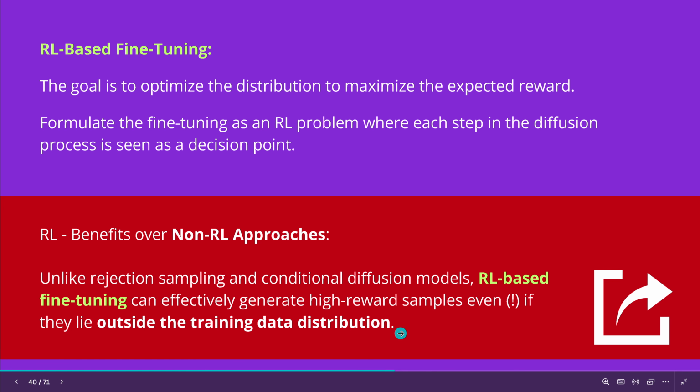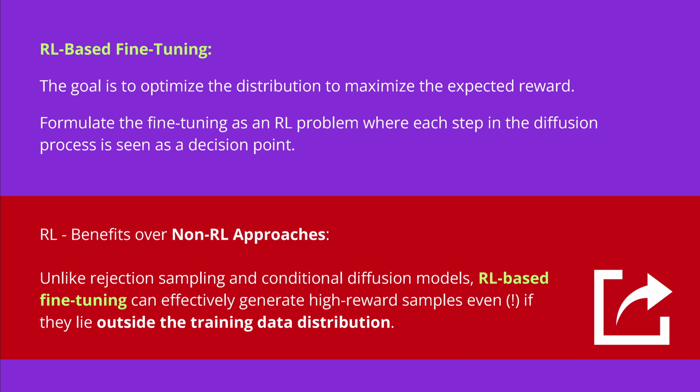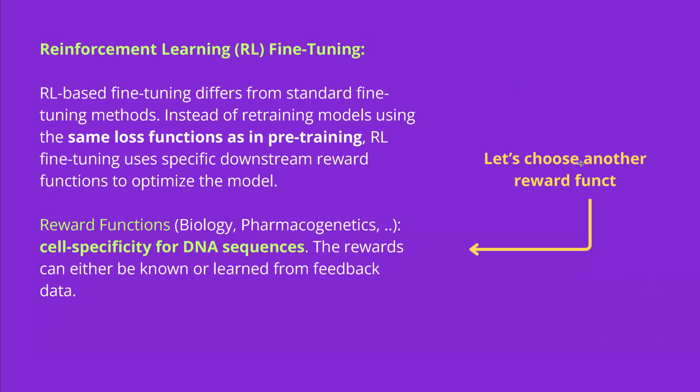So if you want to discover real new molecular compounds, you can do this with reinforcement learning. Other non-reinforcement learning approaches like rejection sampling or conditional diffusion models will fail because they can't generate those samples that lie outside of the training data distribution. Much more complex in detail, but just to give you the idea.